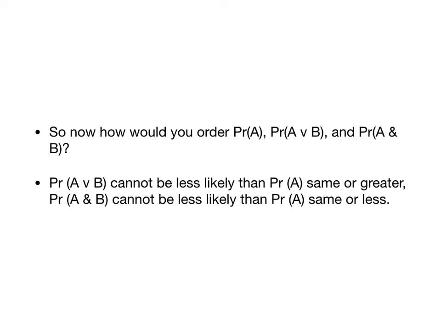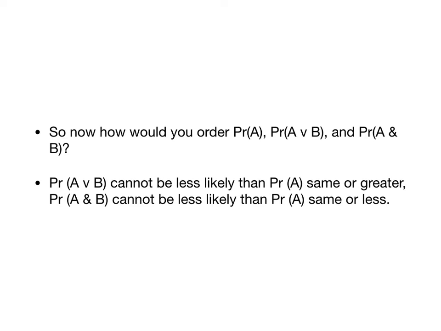Now look. The probability A or B cannot be less likely than the probability that A. It is either the same or greater. The probability that A and B cannot be more likely than the probability that A. It's either the same or less.